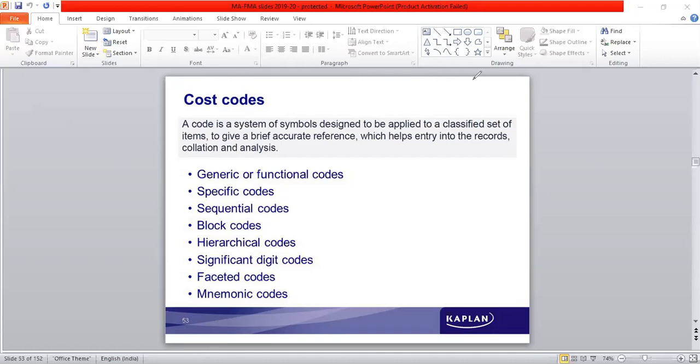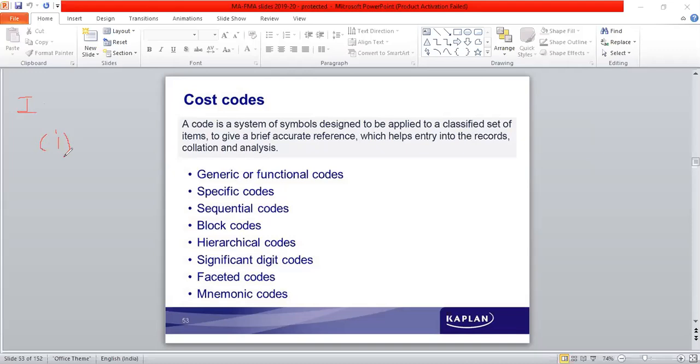So the codes which are allotted, a code is a system of symbols designed. It could be numeric: 1, 2, 3, 4, and so on. In numeric only, there are multiple ways. We have the number system 1, 2, 3, 4, the Roman number system, and a subcategory of that can be further used with small letters.